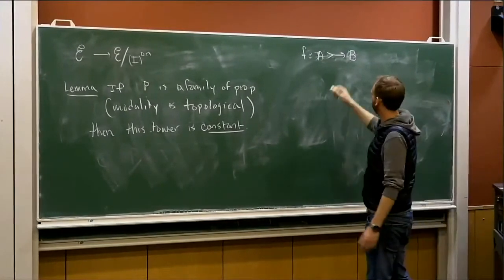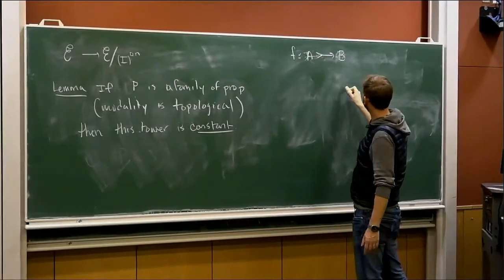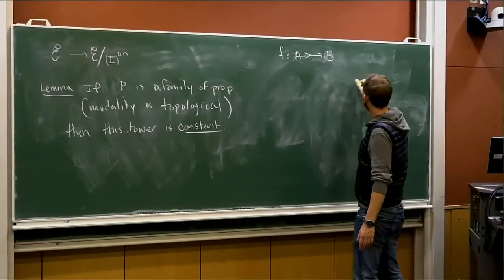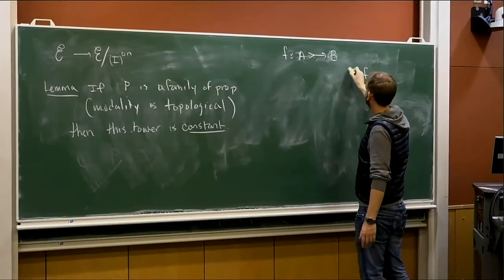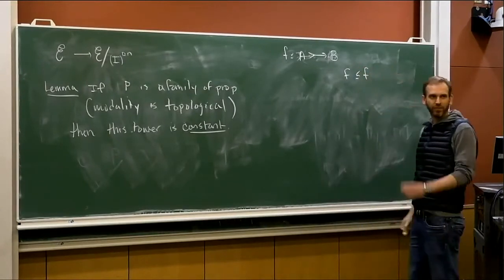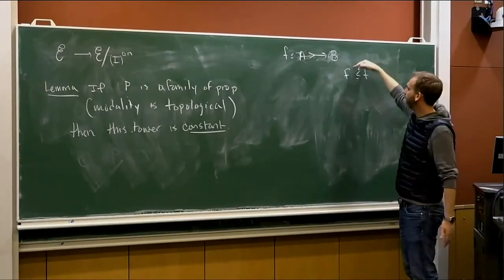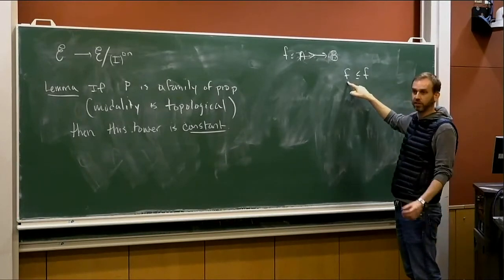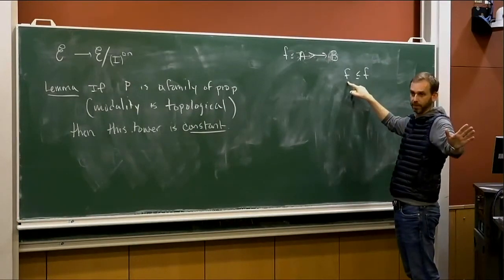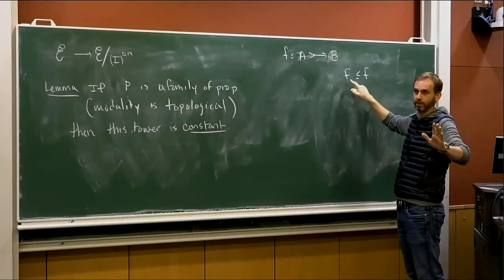Well, the point is that you always have this inequality. So you have F being less than or equal to itself. And one fact about these things is that the left side is closed by boxing with absolutely any map. You can put any map here.